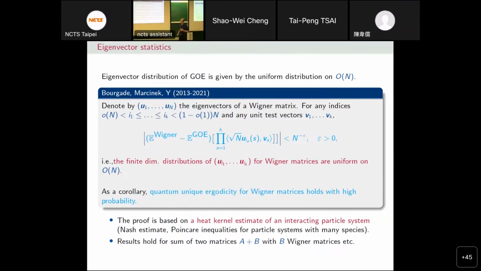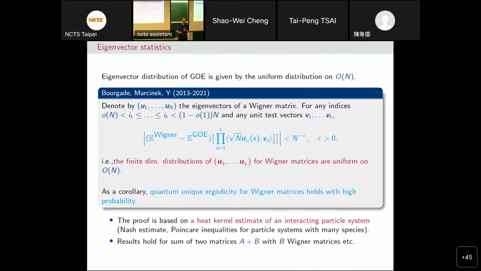But let's think for a moment about how you want to formulate this question. This was the question I asked myself. If you have n eigenvectors, each one is n-dimensional, so you have an orthogonal group of very high dimension.